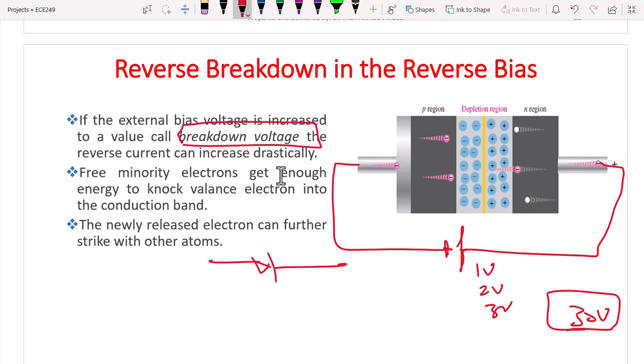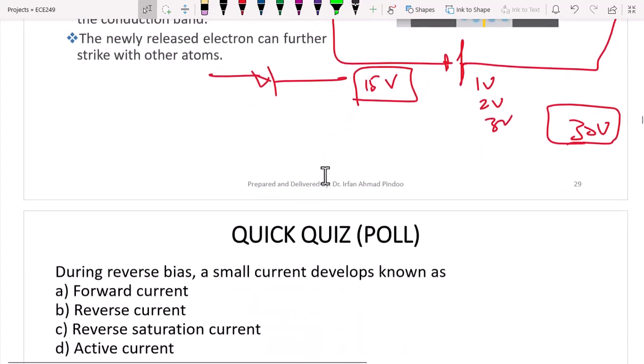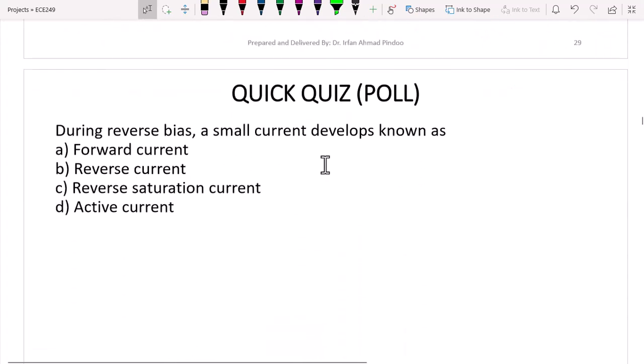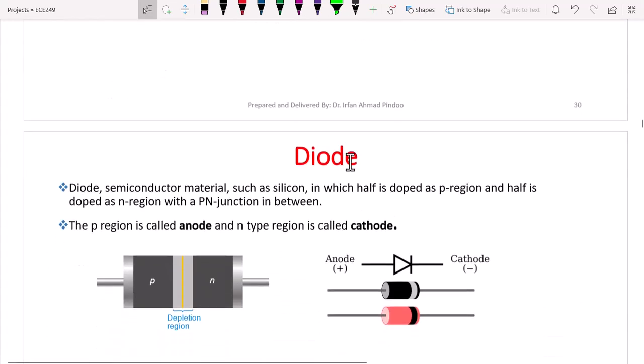Suppose the breakdown voltage of a diode is 15 volt. It means we cannot apply a voltage of more than 15 volt in a reverse bias. Otherwise, your diode will have a breakdown, and after breakdown that diode will get damaged and it will be of no use. So the small current that develops in the reverse bias is the reverse saturation current.